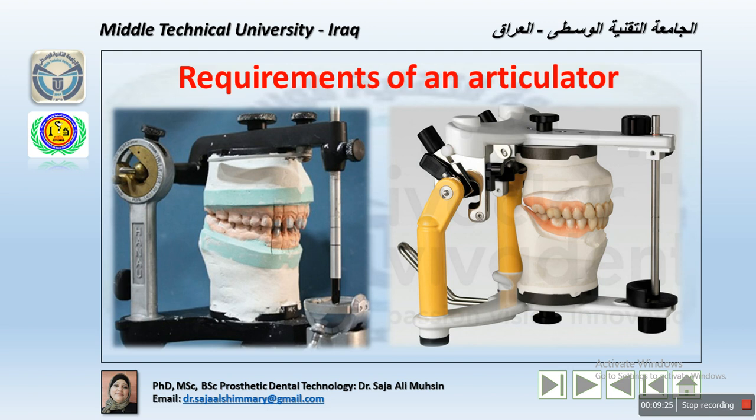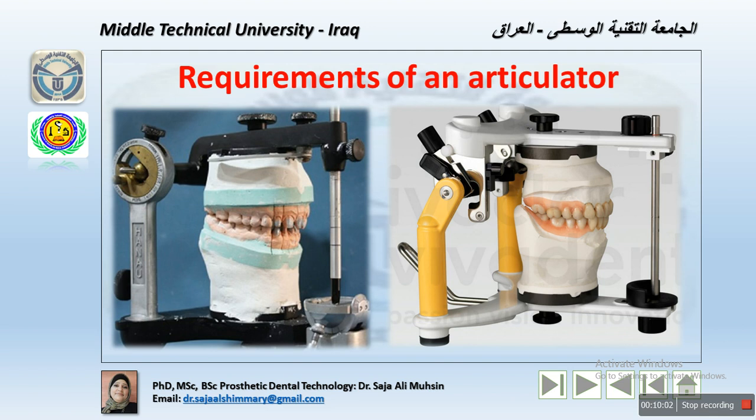So if, for example, we have a patient with a long vertical dimension and we have a short articulator, this cannot really be the proper articulator to be chosen for this case. So we should have enough space between the upper and lower members to give enough area for the cast with a proper base, and also for the plaster to be used for mounting the cast with the upper or lower members of the articulator.